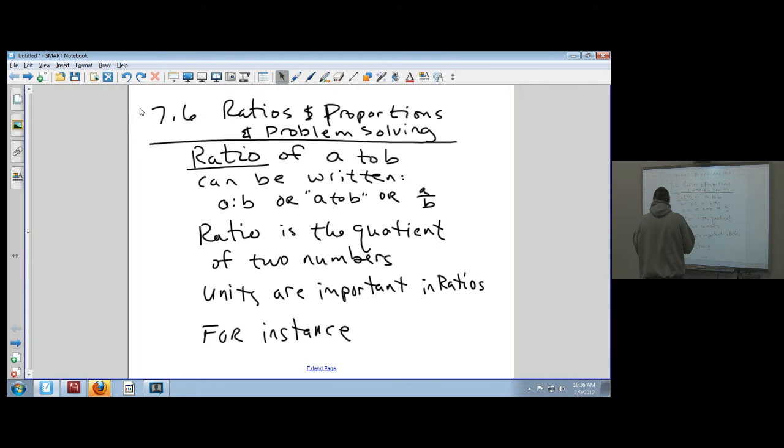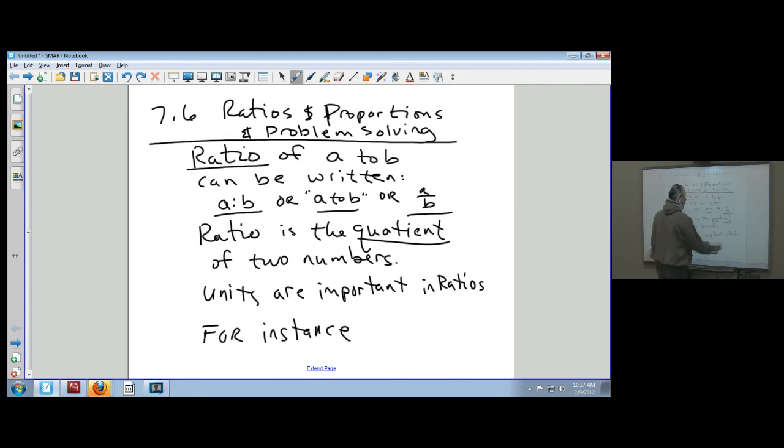So we deal with rates all over the place. But the ratio of A to B is the ratio of two values. It can be written in this way, A colon B, or A to B in words, or as the fraction A over B. Ratio is quite simply the quotient of two numbers.